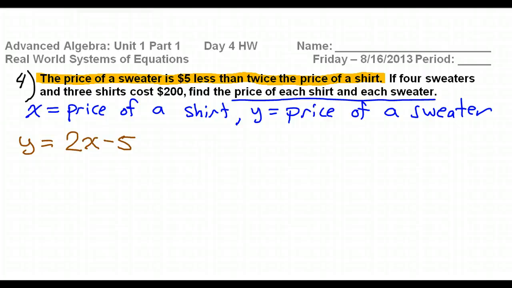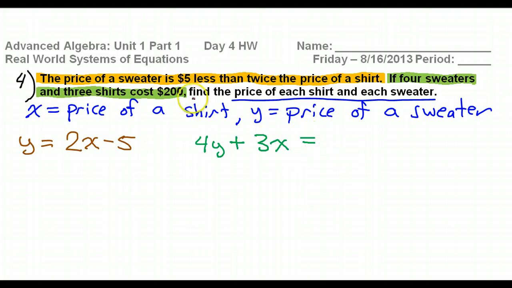Second equation. Okay, 4 sweaters and 3 shirts cost $200. Okay, let's make an equation out of that. 4 sweaters, okay, that's Y, and 3 shirts. Okay, so it's 3x.